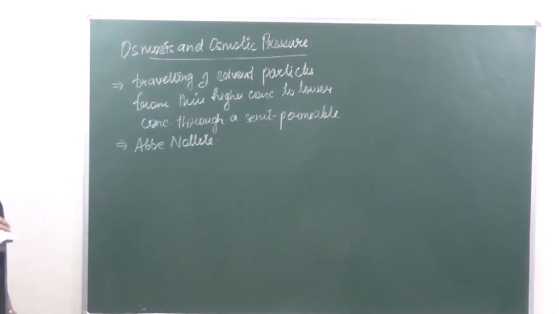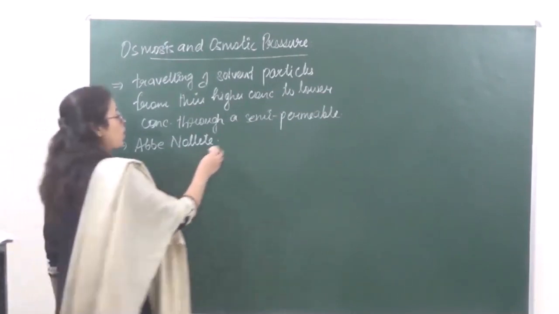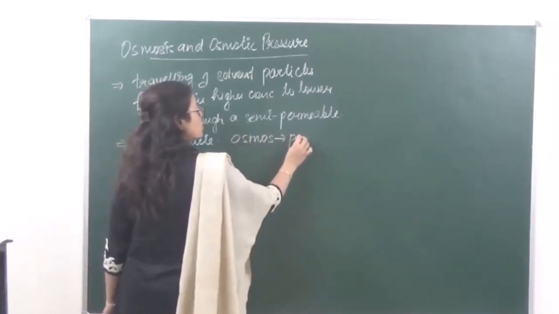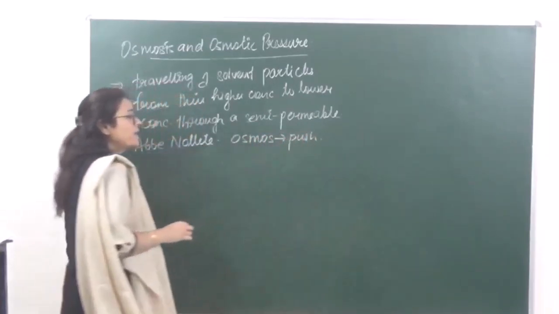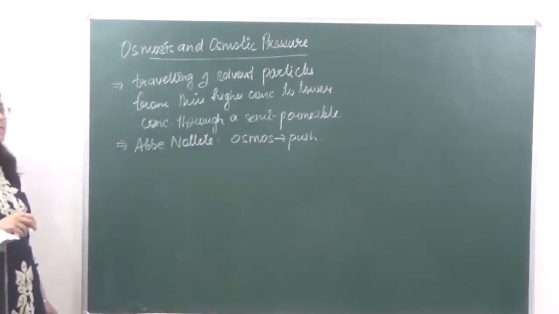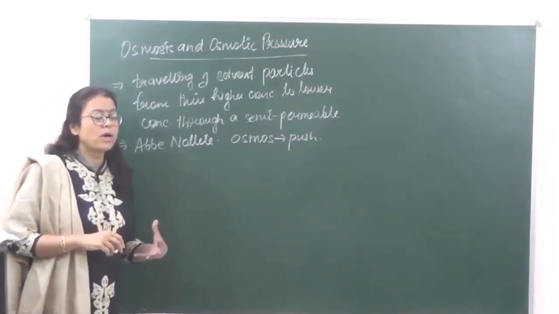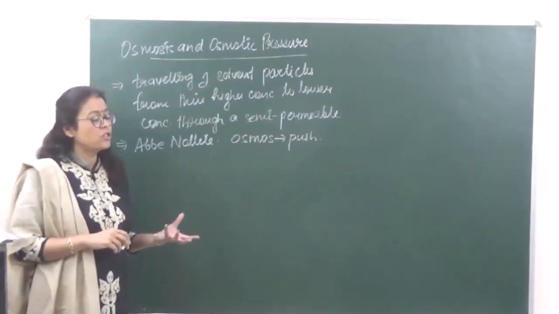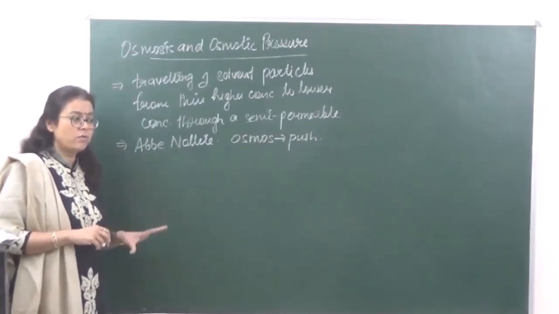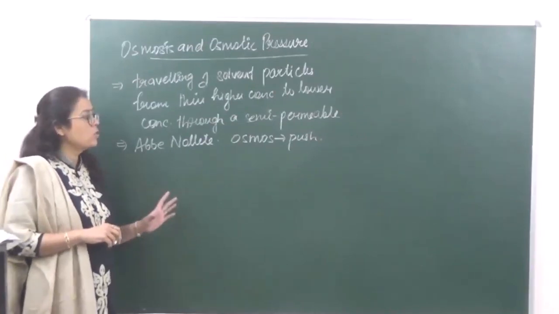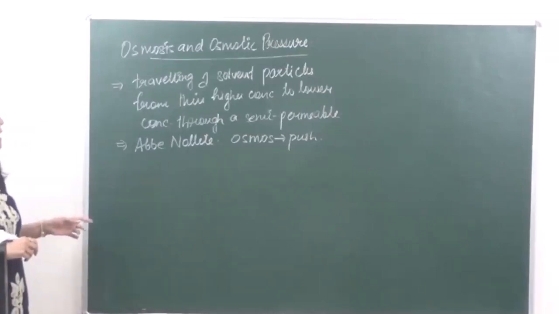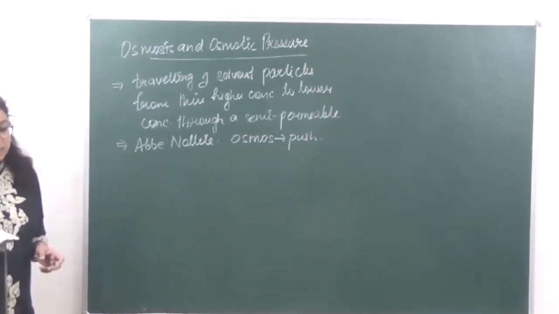Why did he name it osmosis? Because the word osmos means push. So over here, the solvent particles are given a push towards their lower concentration from their higher concentration, that is the concentration of the solvent. So osmos means push over here, and Abbe Nollet was the scientist who first discovered it.